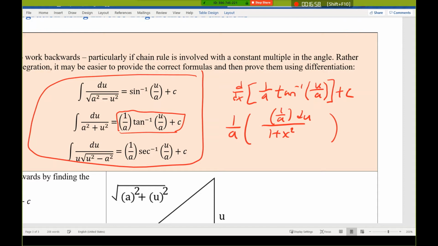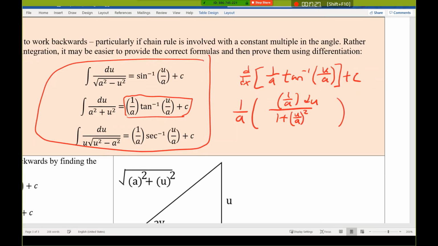Okay, and then this x is my inside part, which was u over a. So if we simplify, this will be 1 over a times that 1 over a I'm going to move down, so this is du on top of a times 1 plus u squared over a squared.